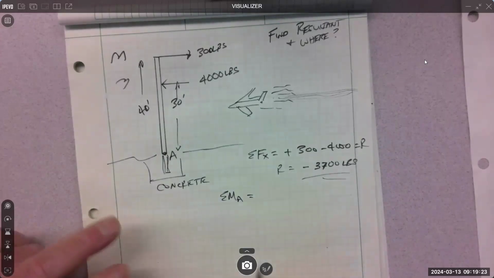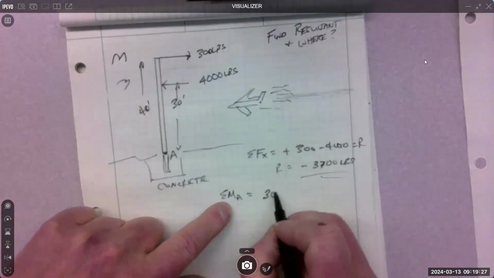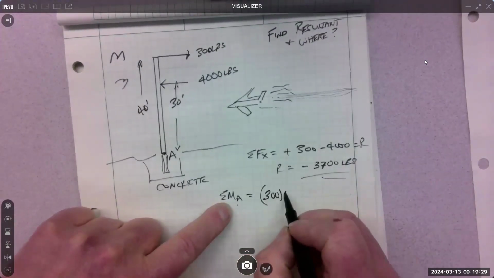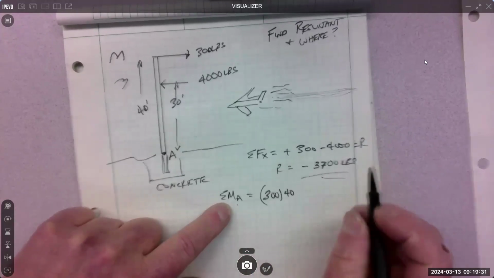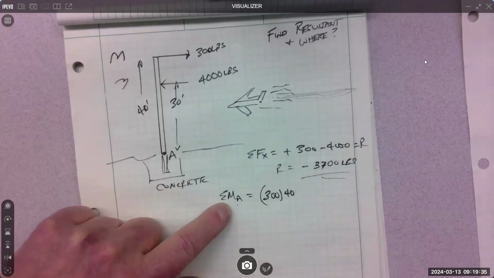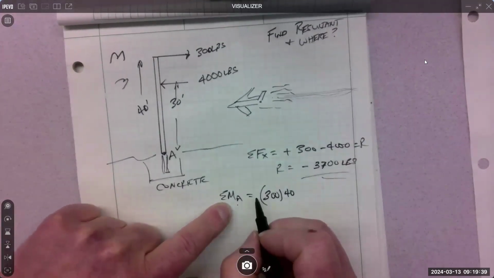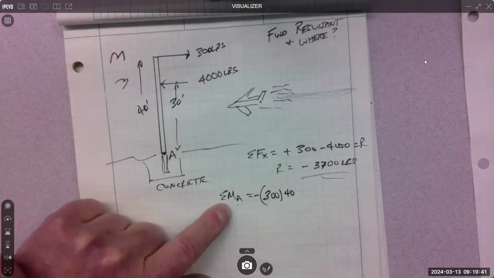So the moment of the 300 is what? 300 times 40, rotation. It's negative, clockwise.